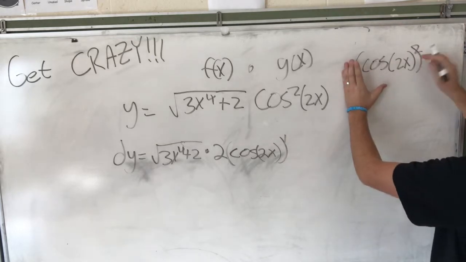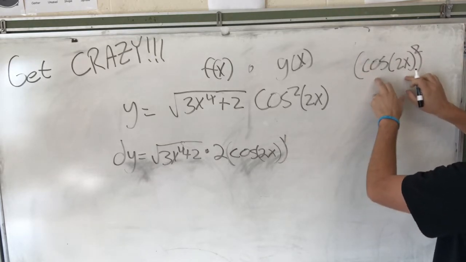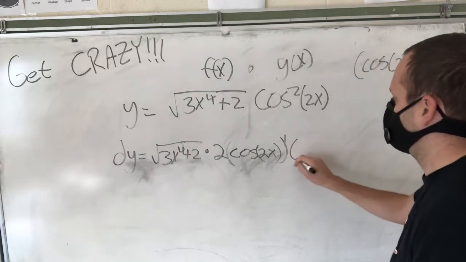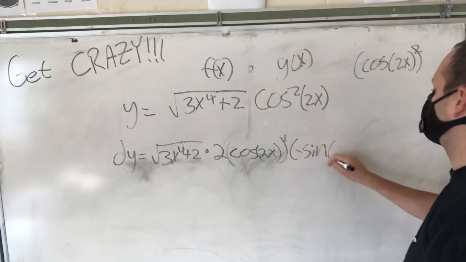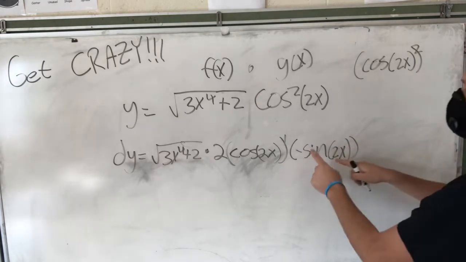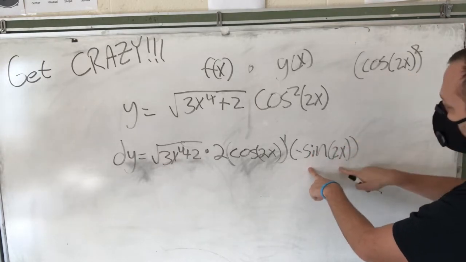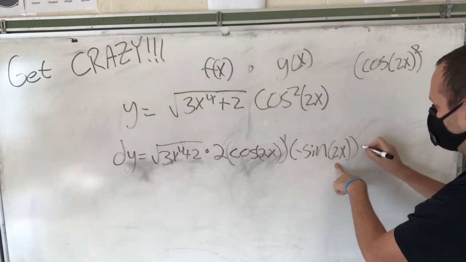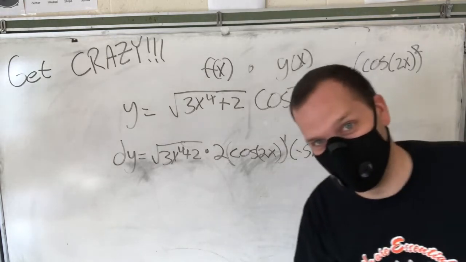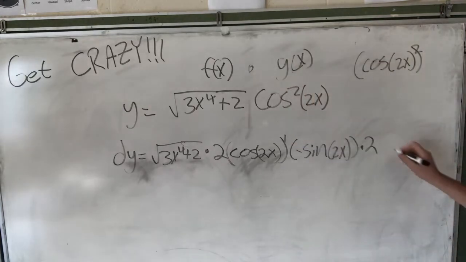So now that I'm taking the derivative of the inside, what's the derivative of cosine? It is negative sine 2x. But now that we've taken the derivative of sine, well, from cosine to sine, we have to also multiply by the derivative of the inside, which is just 2. What? And we're only halfway done with the product rule.